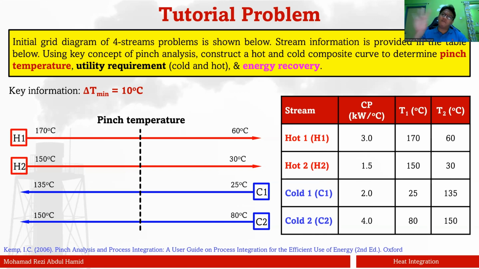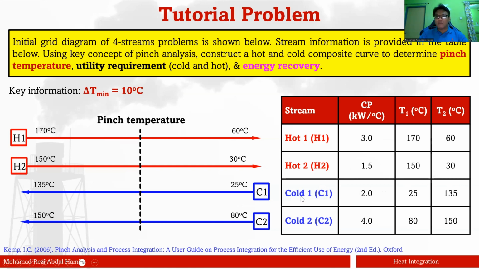Okay, what do we have here? We still have four streams, two hot streams and two cold streams, with their CP values here. Hot stream 1, CP of 3, needs to be cooled from 170 to 60. Hot stream 2, H2, CP of 1.5, needs to be cooled from 150 to 30.